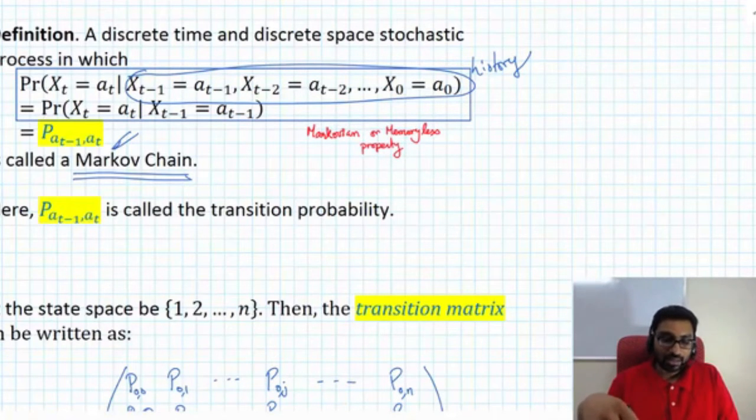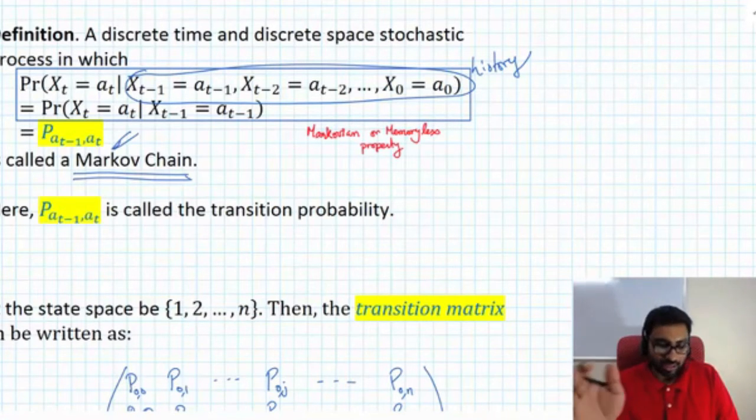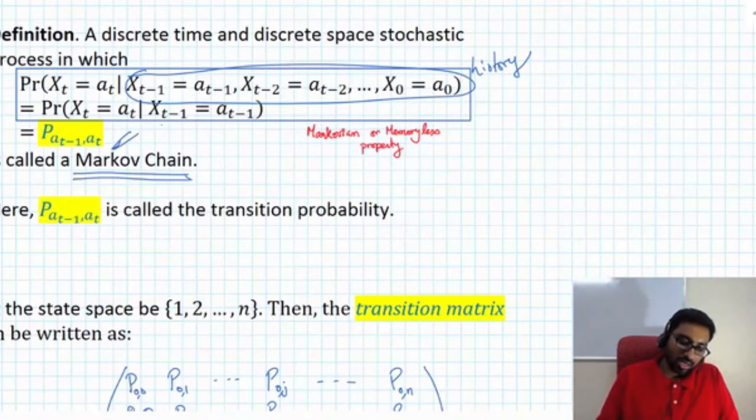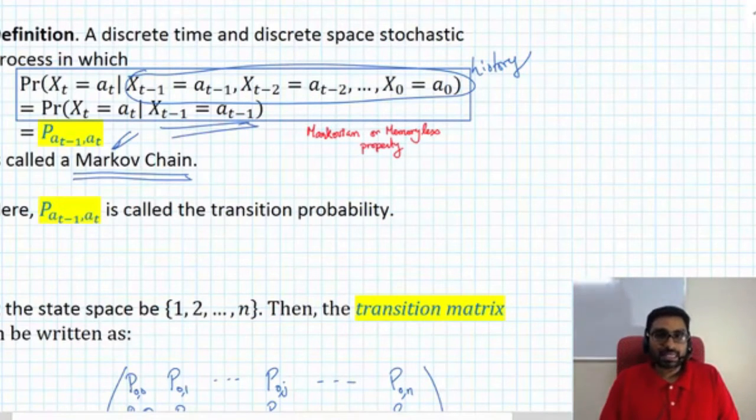Now, if this stochastic process was memoryless, then this probability conditioned on the entire history would end up being the probability that the state would be at AT at time t, given only its previous state. And that's sufficient, that xt minus 1 equals AT minus 1. So the probability that the current state is AT only depends on where the process was in the previous time step.